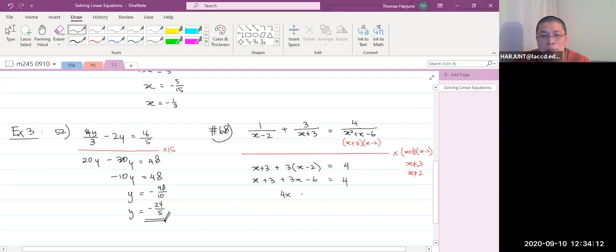For x minus 3 equals 4, x equals 7 over 4. Now, of course, you check that x is not -3 and x is not 2, then that's the answer.